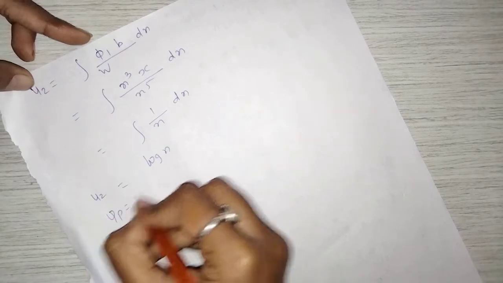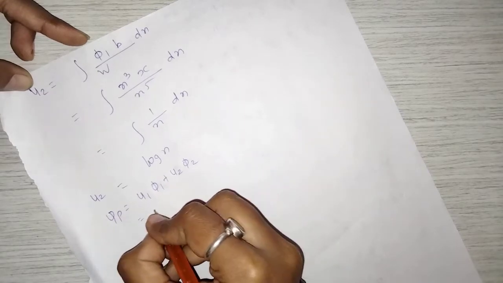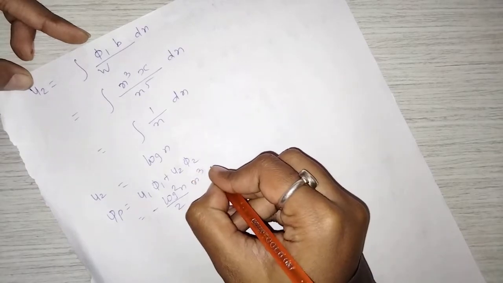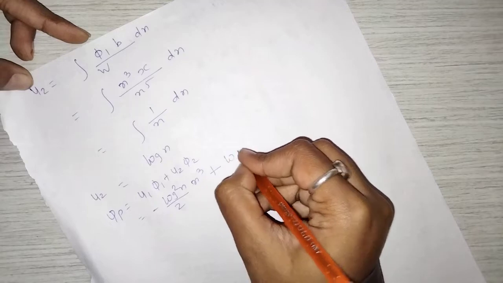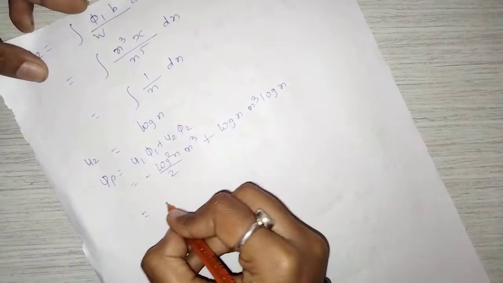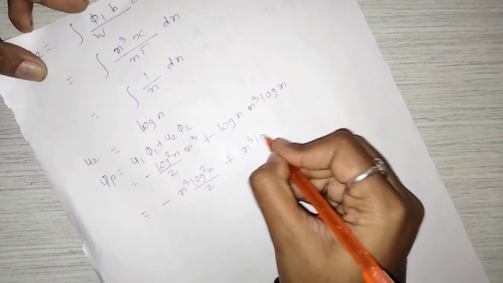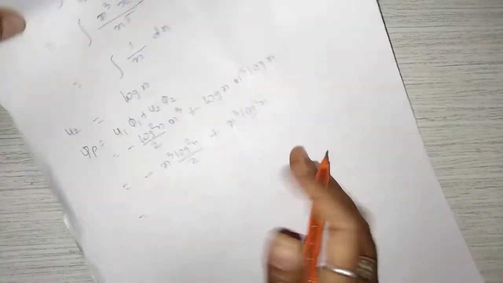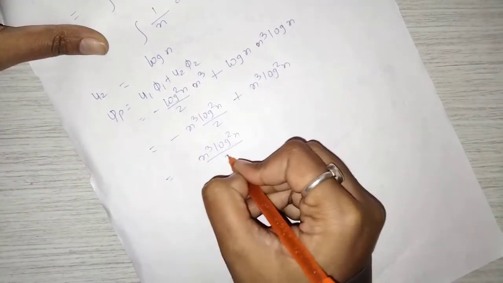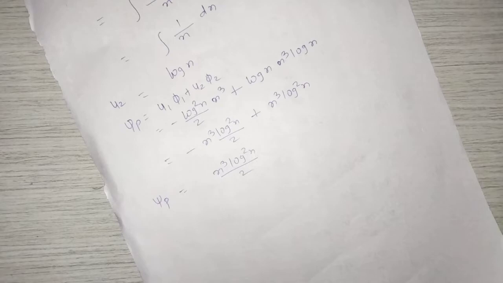So psi p equal to u1 phi 1 plus u2 phi 2, where u1 is minus log square x upon 2, phi 1 is x cube, plus u2 is log x and phi 2 is x cube log x, equal to minus x cube log square x upon 2 plus x cube log square x, equal to plus x cube log square x upon 2. The particular solution is x cube log square x upon 2.